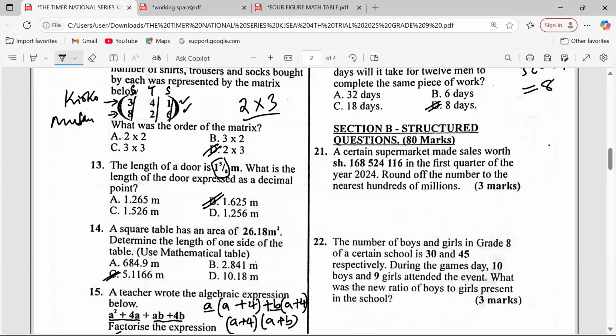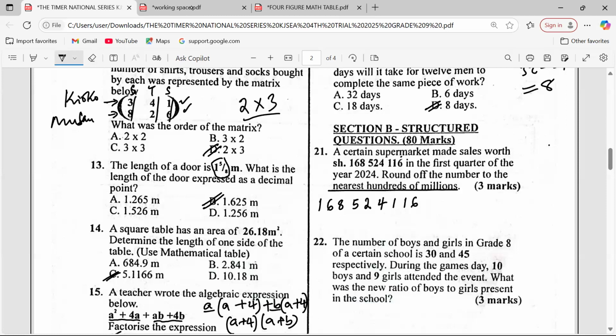Therefore, what we are supposed to consider is the digit at the position of hundreds of millions. We talk of ones, tens, hundreds, thousands, tens of thousands, hundreds of thousands, millions, tens of millions. Then this is hundreds of millions.